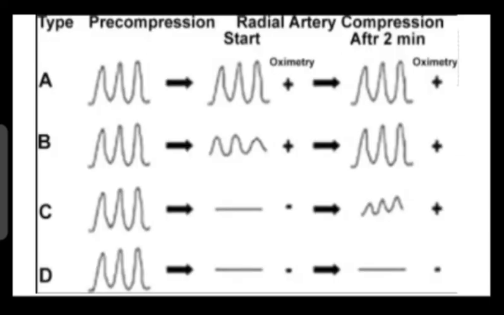So here is type A response. The type B response is shown, then type C and type D responses of radial artery compression, at the start and after 2 minutes in A, and similarly in B, C and D.